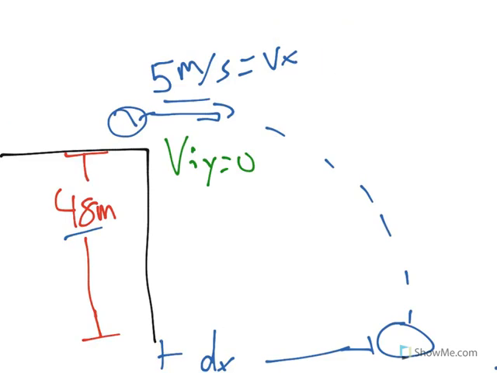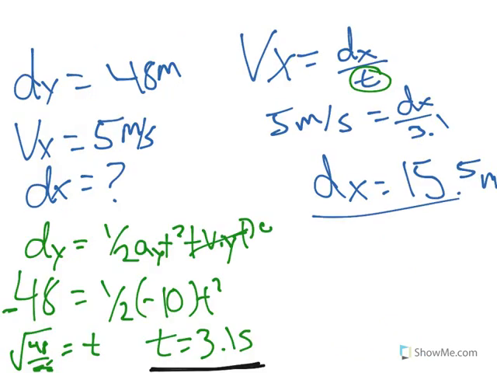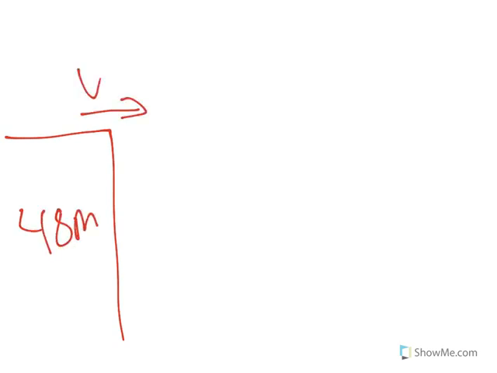Last one, D. What initial speed would the bowling ball need in order to hit a target 15 meters away? In this case, what we're saying is, what if it wasn't going 5 meters per second? What if instead it was going some other speed? We've got the same setup, everything else is the same, still 48 meters tall, still rolling the bowling ball off at some Vx, and we know that the distance in the x is equal to 15 meters exactly.